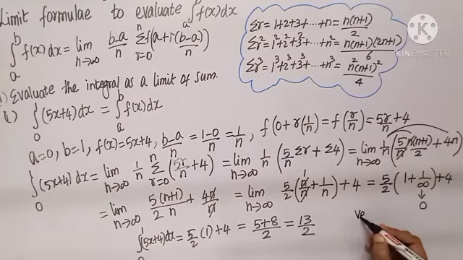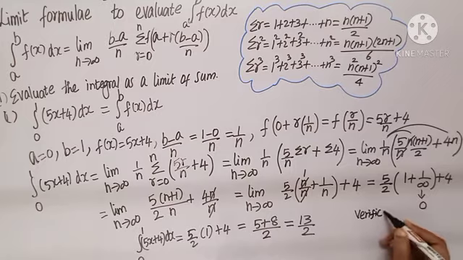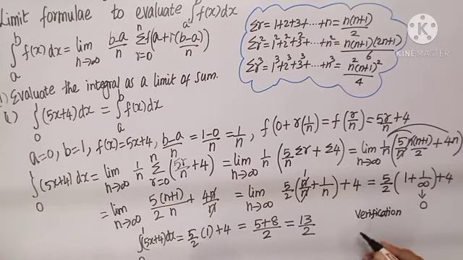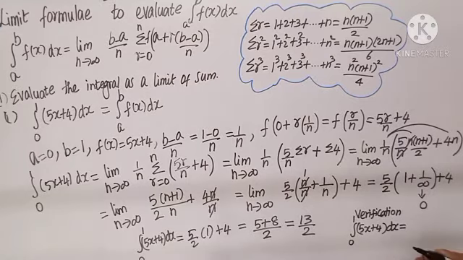We are going to verify using the ordinary integration formula. Integral 0 to 1, 5x plus 4 dx. Let us remember what we learnt in standard 11. 5x will become 5 x squared by 2 when I integrate, plus 4 will become 4x. Put upper limit minus lower limit.